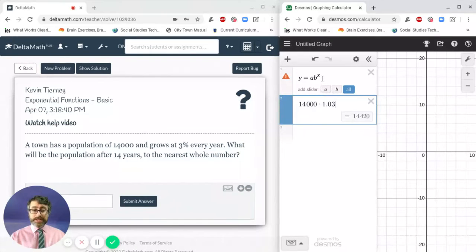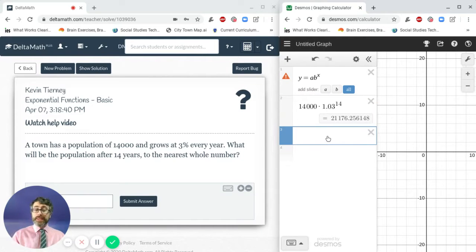And our exponent, our input, is the number of years that will pass. So we raise this all to 14. And we get 21,176.256148.